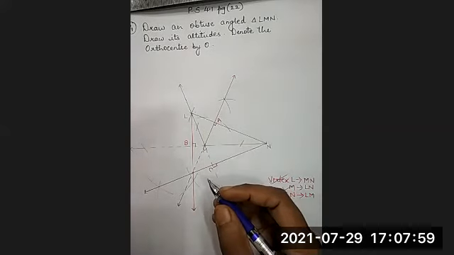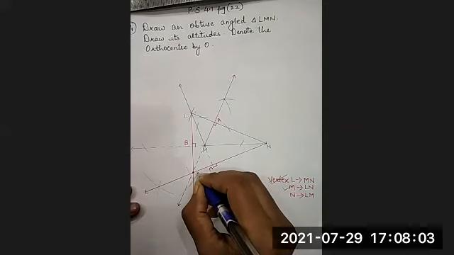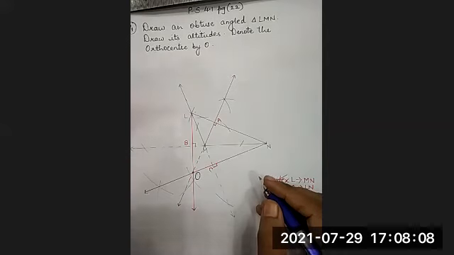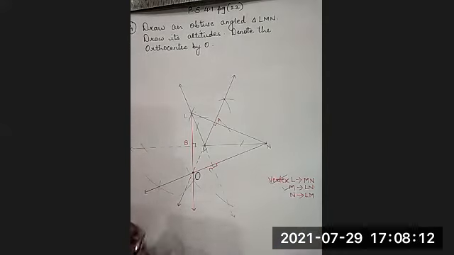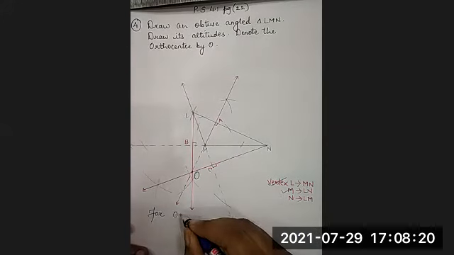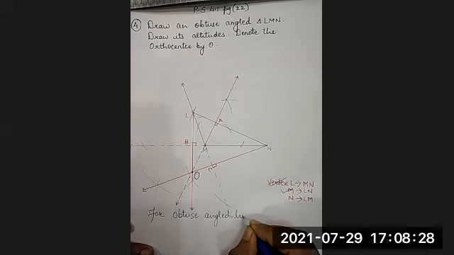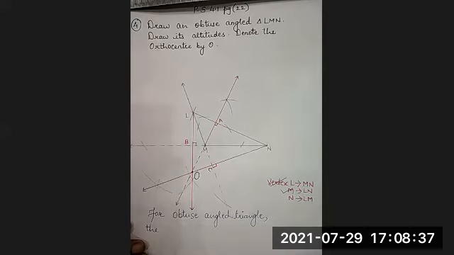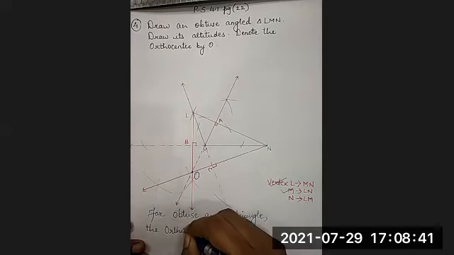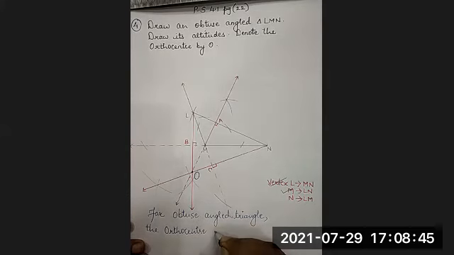Now, what is the meaning of orthocenter for altitudes? It is the point of concurrence. So this is the orthocenter and this is O. And in our previous videos, we have seen that for an obtuse angled triangle, the orthocenter lies in the exterior of the triangle.